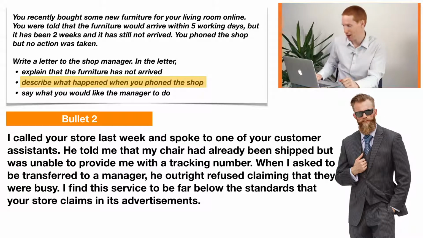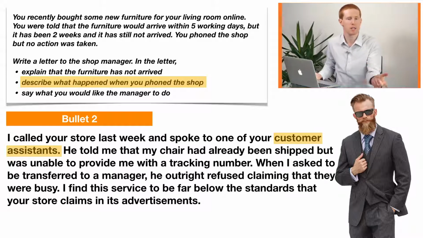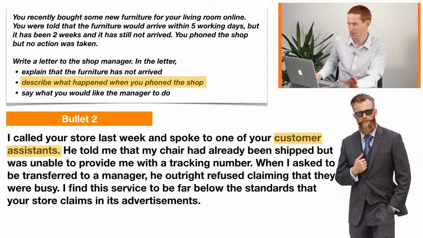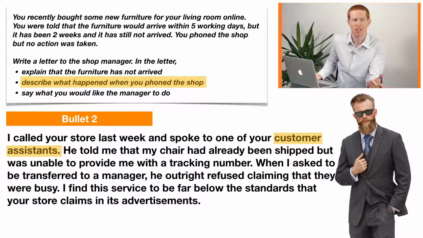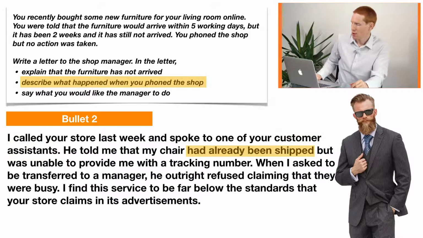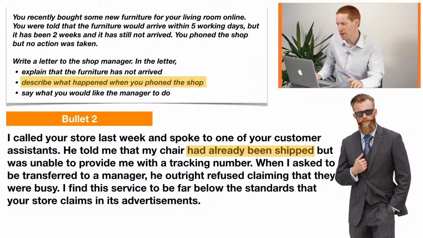Now let's look at some of the language I use. So, "customer assistant," that's specific to this type of letter. A customer assistant works in a shop and I called the customer assistant. It's kind of like saying "I spoke to the waiter" if you were in a cafe or a restaurant. We've got "had already been shipped."